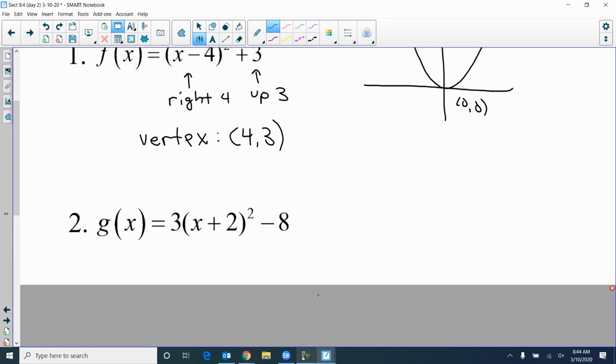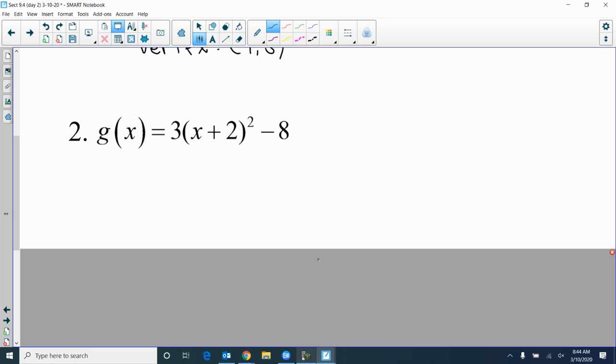All right, so now take a look at this. This 3 doesn't move it. What does that 3 do? Makes it narrower. All right, so where does this one move? 3 times x plus 2 squared minus 8. All right, so in that case, what do we think? Emily Niedermeyer. Good. There you go.